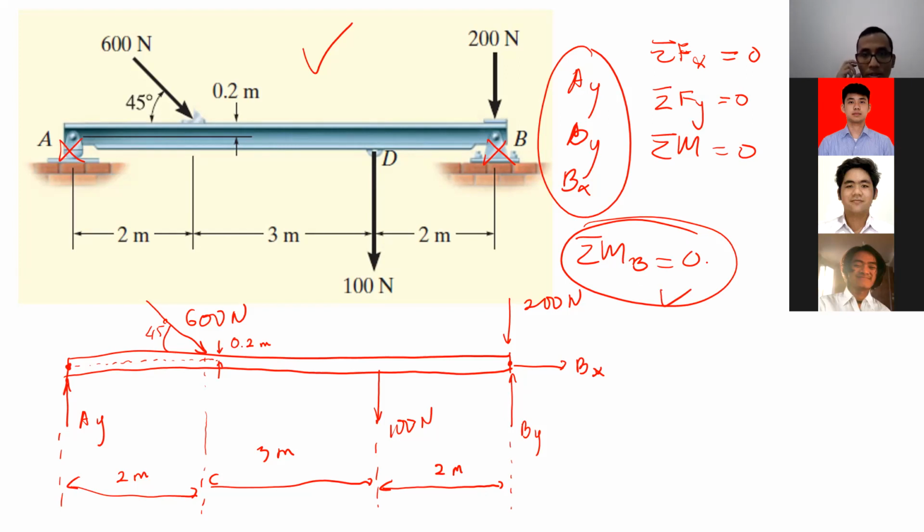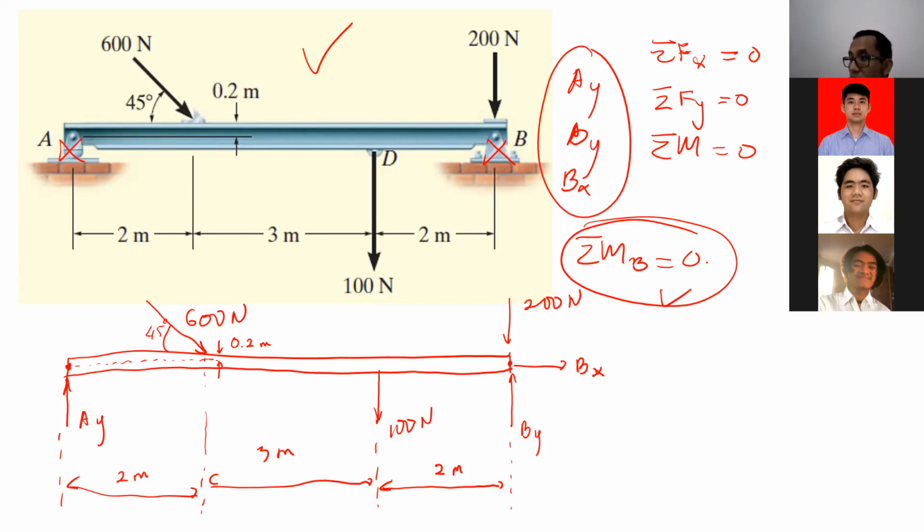Yeah. So if I want to use sigma moment at point B equal to 0, so the total moment at point B equal to 0. So what are those moments at point B? If the center of rotation is point B, what are the forces here which will give a moment at point B?